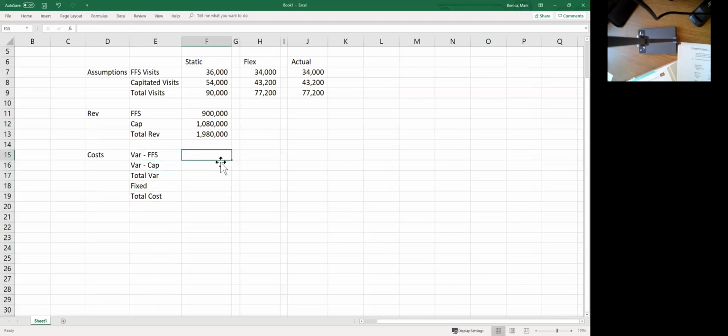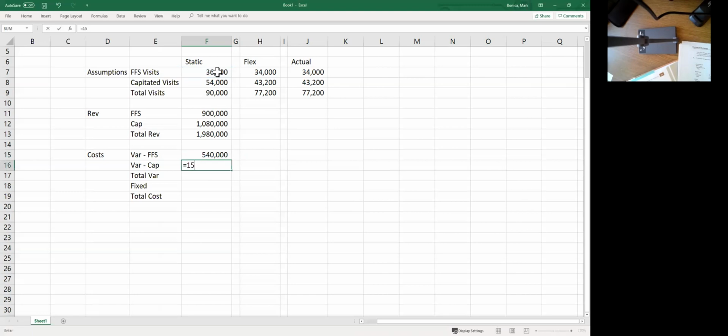Our variable costs, according to page 266 of your textbook, section 3 works out that variable cost is $15 per visit. So that's 15 times 36,000. That's our variable cost for our fee-for-service.